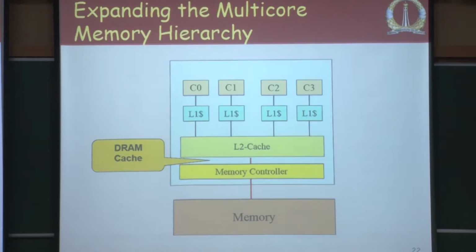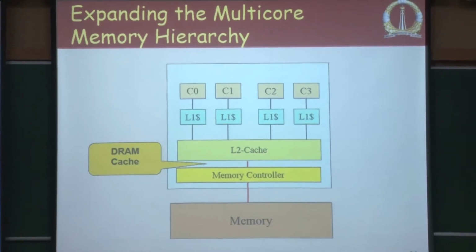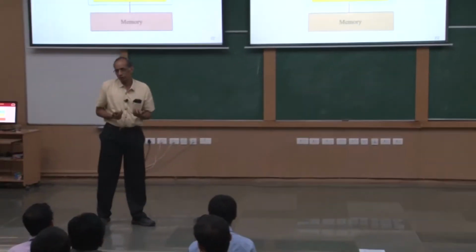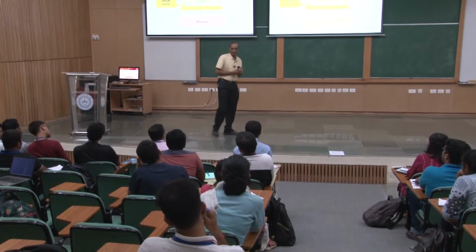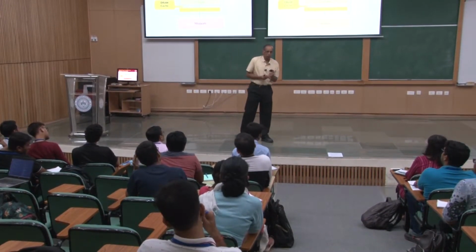When I add this DRAM, it gives me an interesting possibility to talk about a cache. Before I say this, what would be the size of an L1 cache? 8 KB, 32 KB, 64 KB. What about an L2 cache? 256 KB.